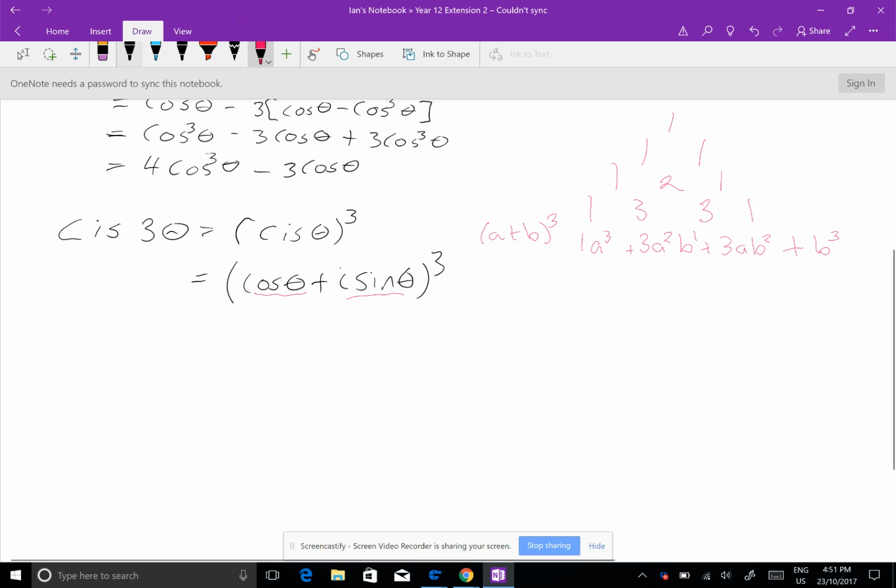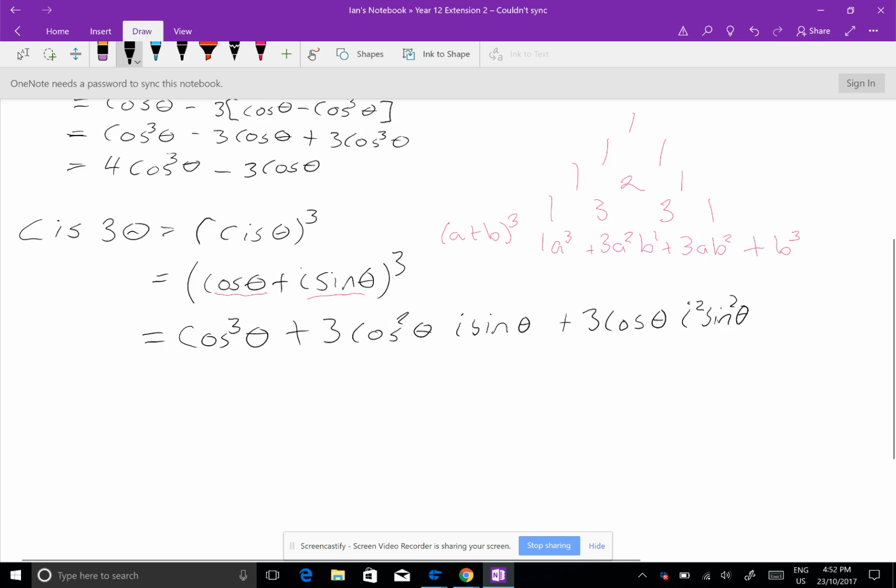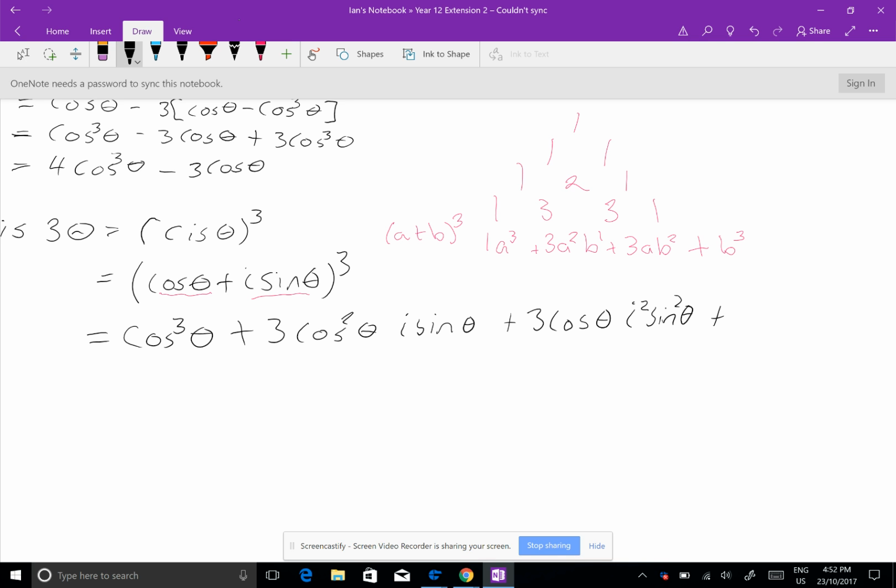So we can very quickly go, okay, I'm going to get 1 cos cubed theta plus 3 cos squared theta times i sine theta plus 3 cos theta i squared sine squared theta plus i cubed sine cubed theta.